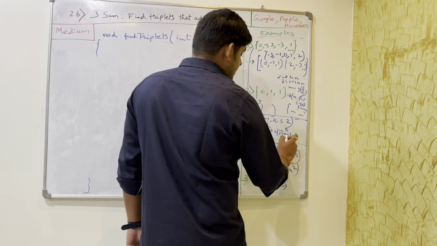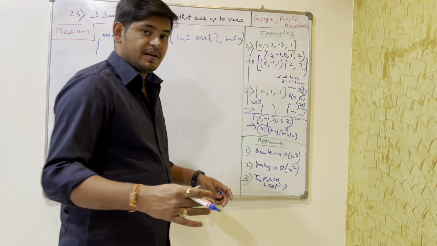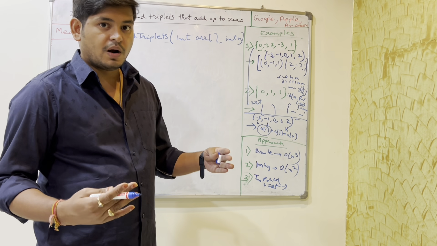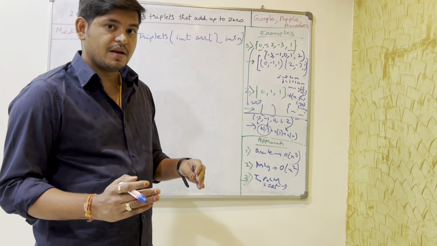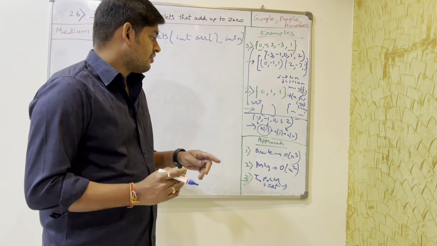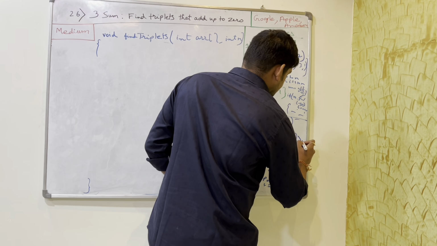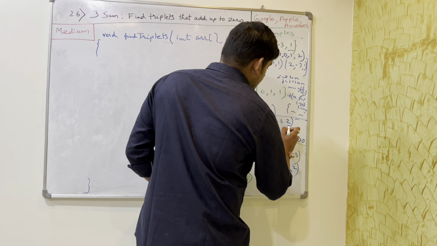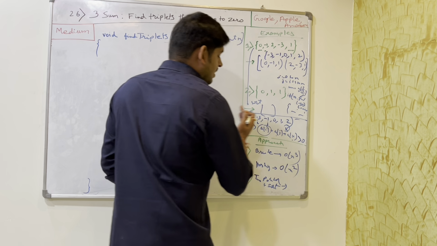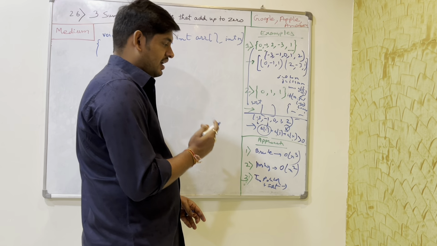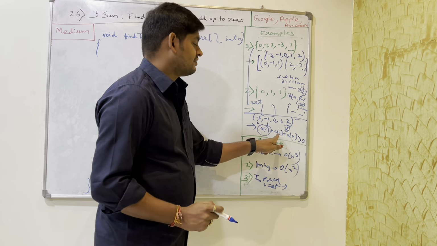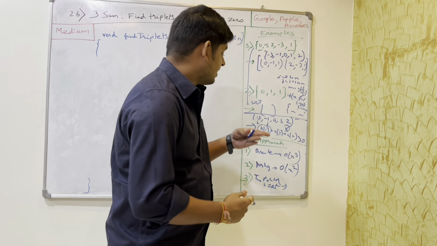If this sum is becoming greater than 0, what does this mean? We need to reduce it to 0. So if this becomes greater than 0, then if we move the k pointer or reduce the value of k, only then can we reduce this value, and only then is there a chance that it can become 0.